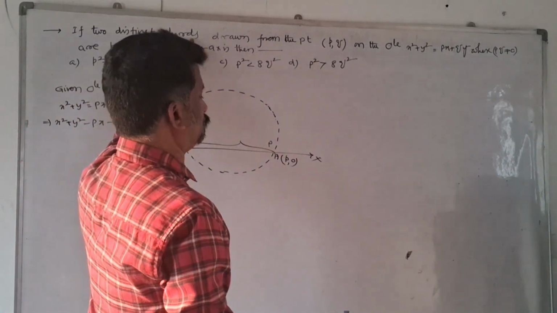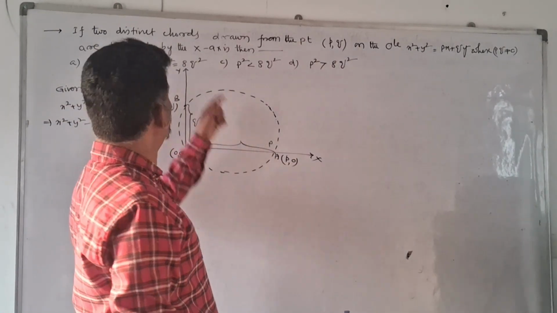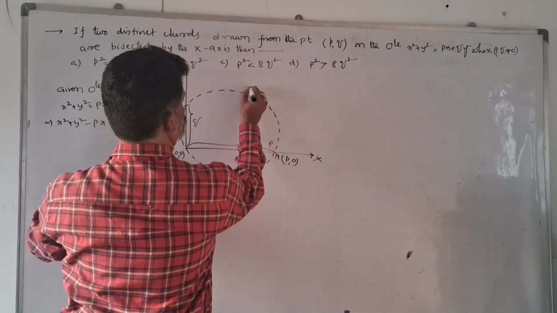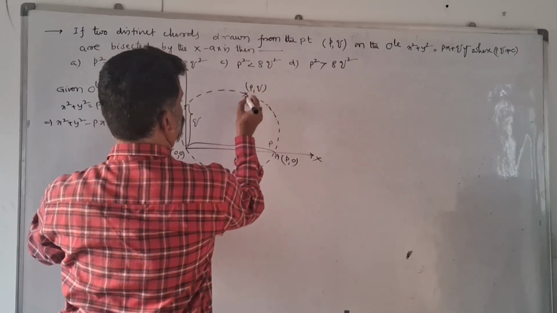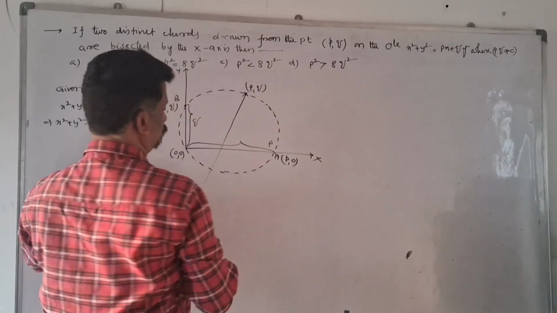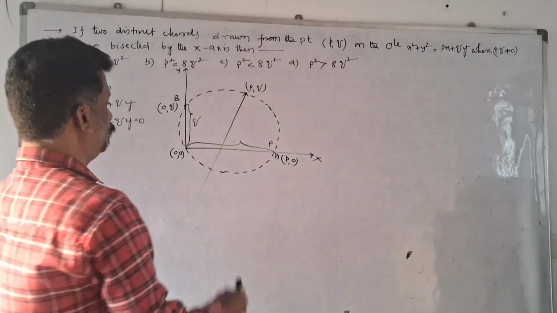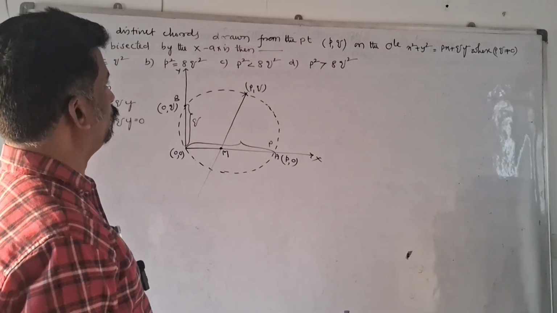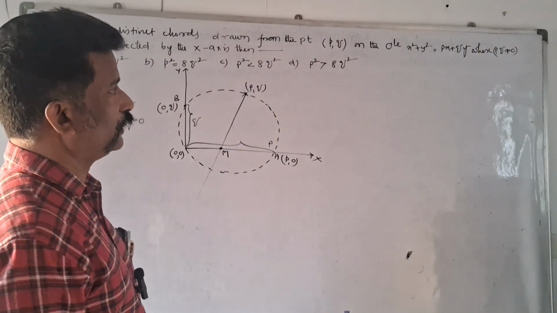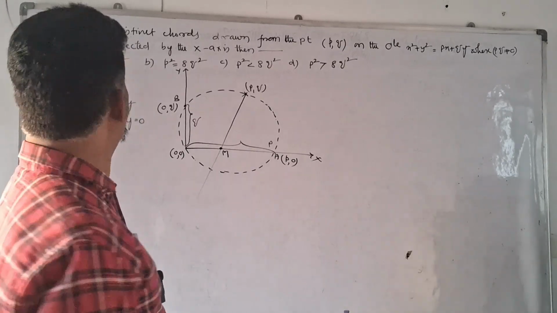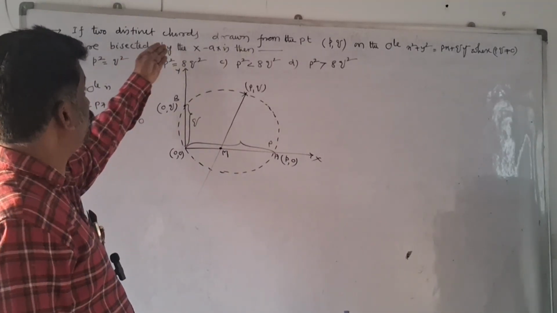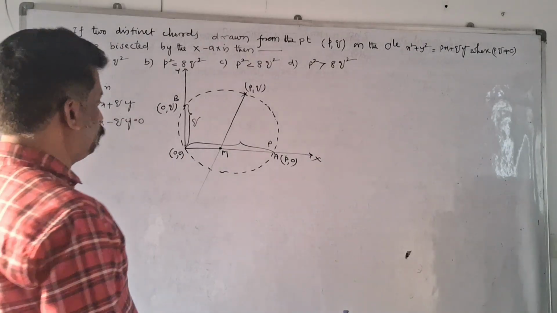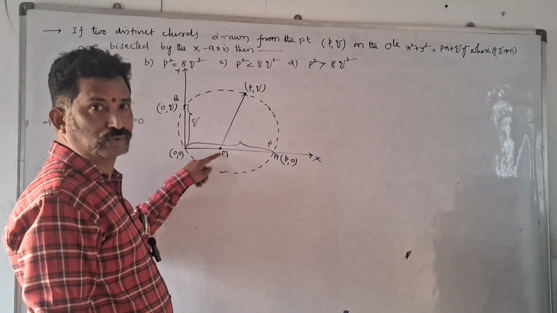Look at the board. Two distinct chords are drawn from the point, say, P comma Q. Like this, one chord intersects the x-axis at M. Chords drawn from the point (P, Q) on the circle x square plus y square equal to px plus qy are bisected by the x-axis. So capital M is this one. Understood?